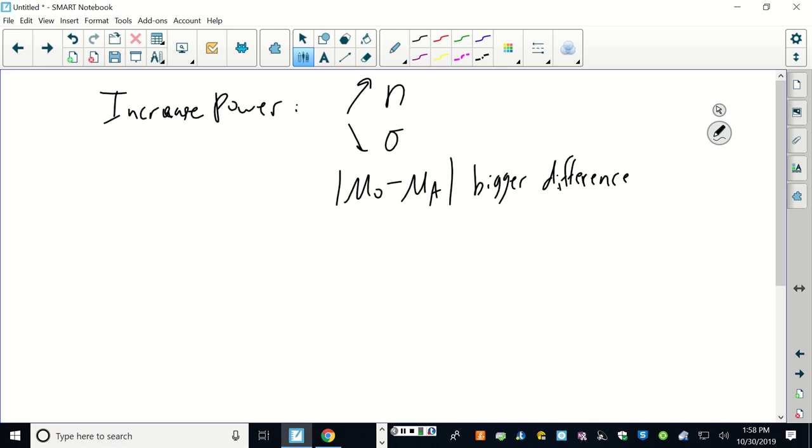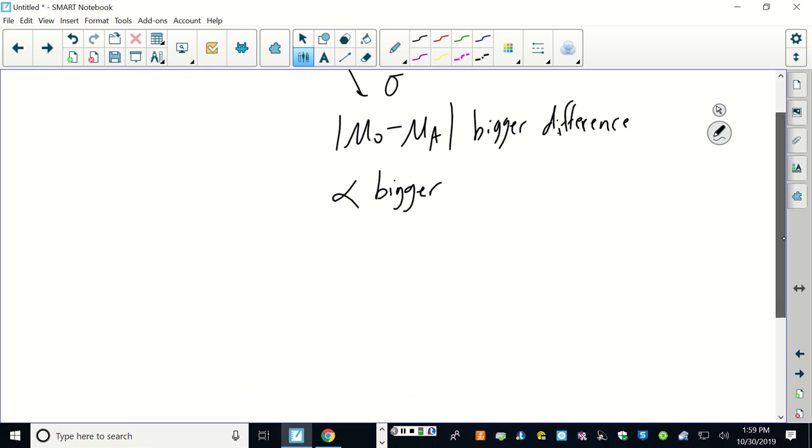So the chance you're in your rejection region is going to be bigger. Bigger difference there. You can make alpha bigger, you can let the chance of making a type 1 error grow to 10%, so you don't need to be so far out to reject. But that's usually not a wise thing to do, right?